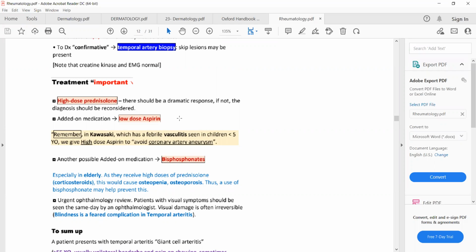So if in the exam a patient presents with features of giant cell arteritis and is on high dose prednisolone and low dose aspirin, and they ask which other medication can be added to the management, you can select bisphosphonates.